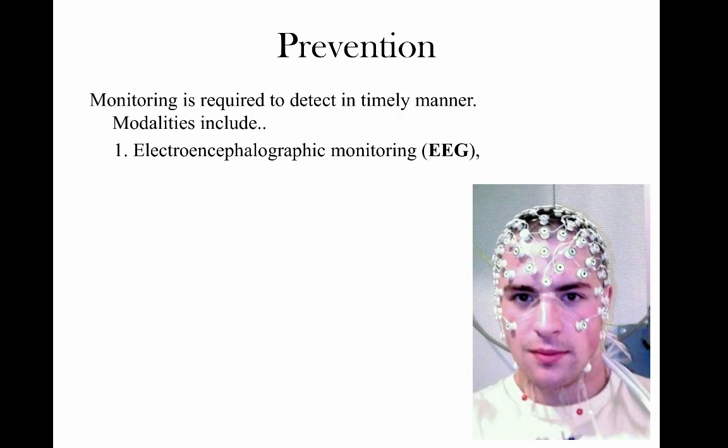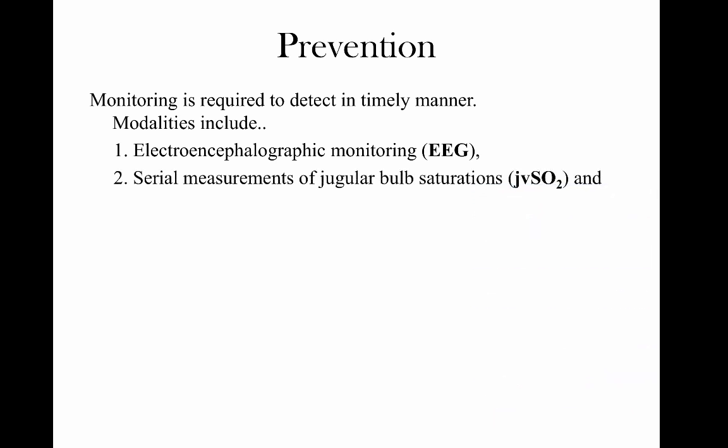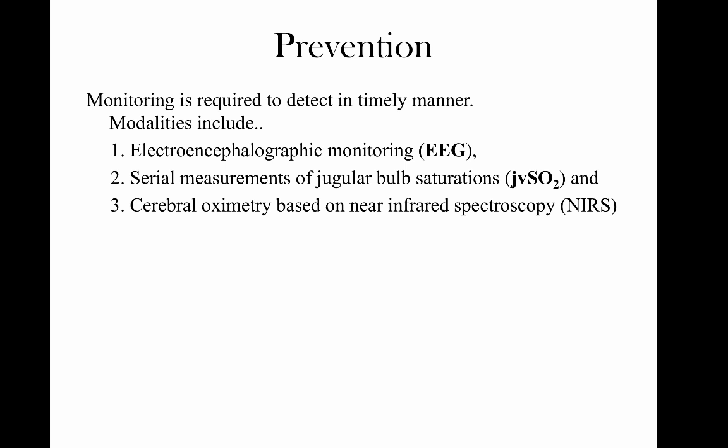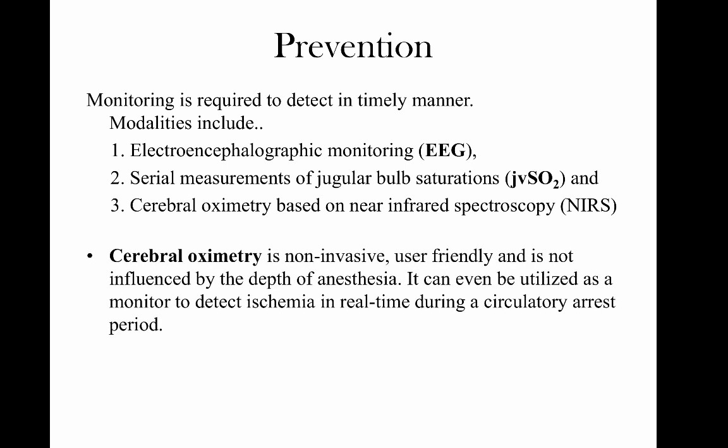So this gets us to monitoring the brain specifically, and the EEG, the electroencephalography, can be done. You can do serial measurements of jugular bulb oxygen saturations. Cerebral oximetry based on near-infrared spectroscopy is a non-invasive technique.